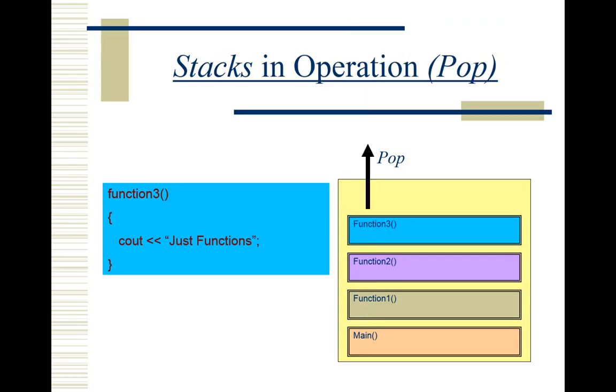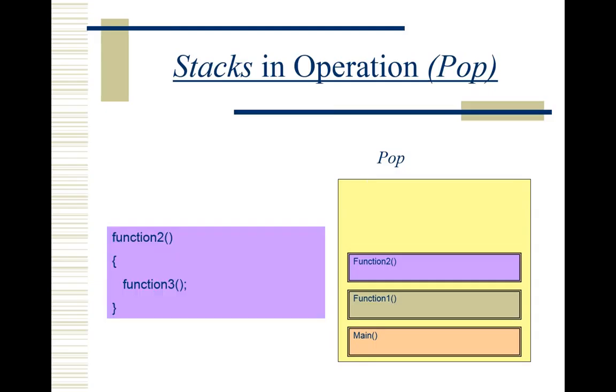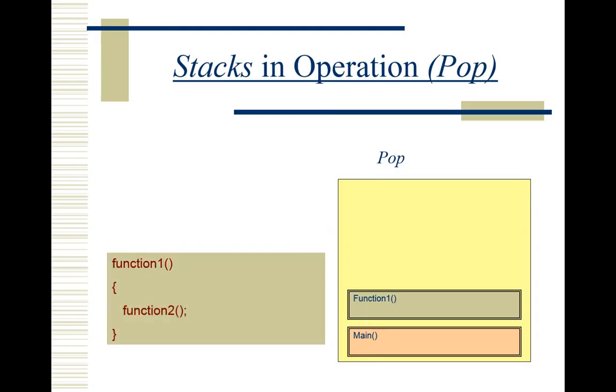So now we've got 4 functions, including the main function, in a stack, and in order to access or close the application, we have to pop out all the functions. One by one we pop out each of these functions, and that's how the memory is cleared out.